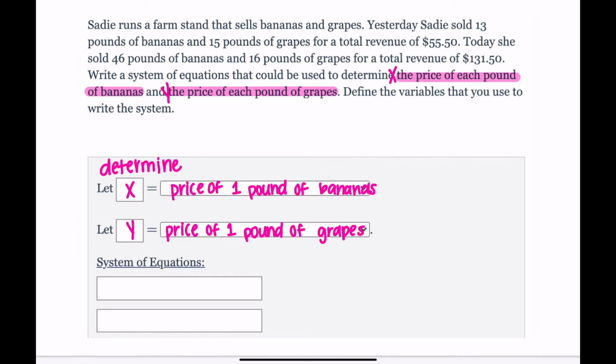We know that Sadie sold 13 pounds of bananas and 15 pounds of grapes for $55.50. So that's 1 equation. So 13 pounds of bananas times however much a pound of bananas costs, plus 15 times however much a pound of grapes costs, equals a total amount of $55.50.